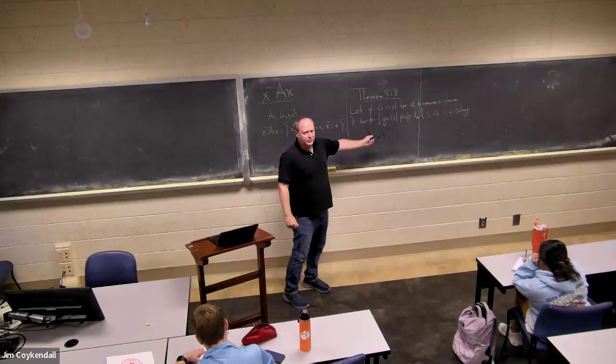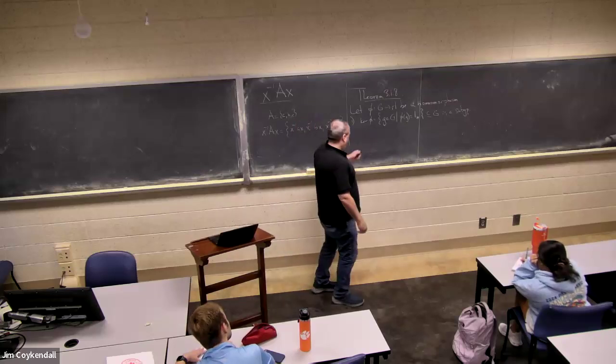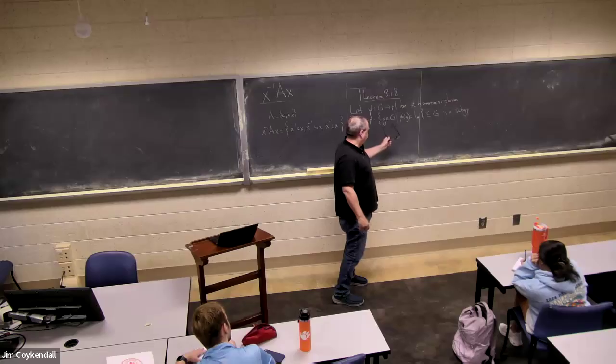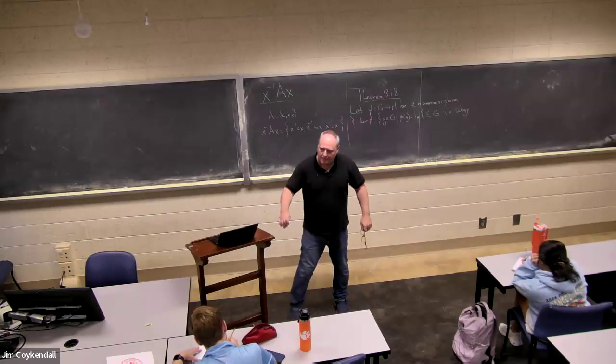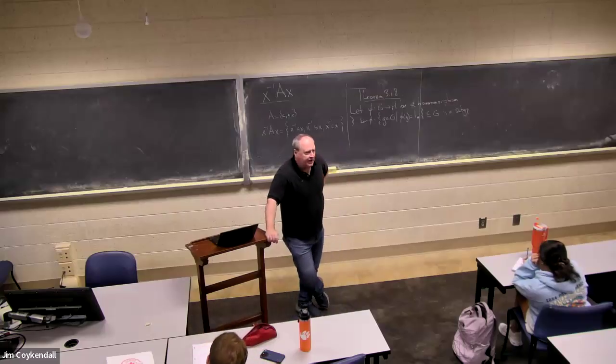This is a very, very important subgroup actually. This is the set of everything in G that goes to the identity in H. You saw something like this in linear algebra. Do you remember when you looked at the kernel of a linear transformation? Does that ring a bell? Finding the kernel?